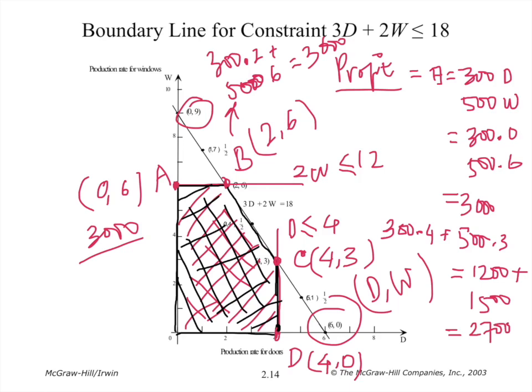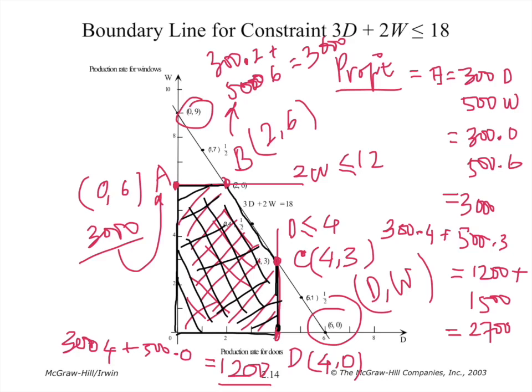Okay. How about point D? Point D is 300 times 4 plus 500 times 0. So that is equal to how many? 1,200.